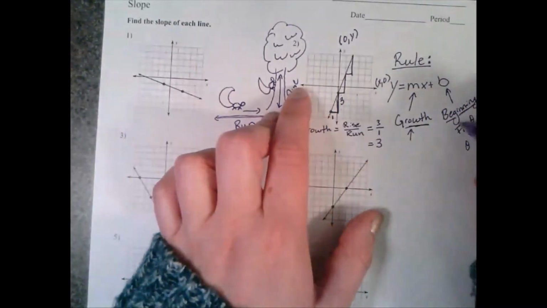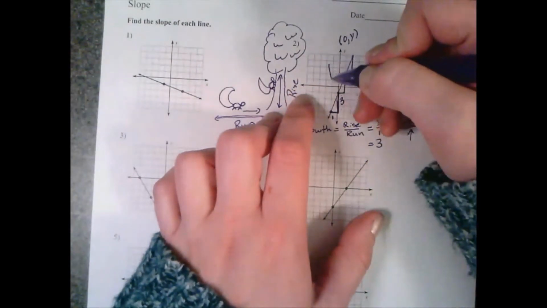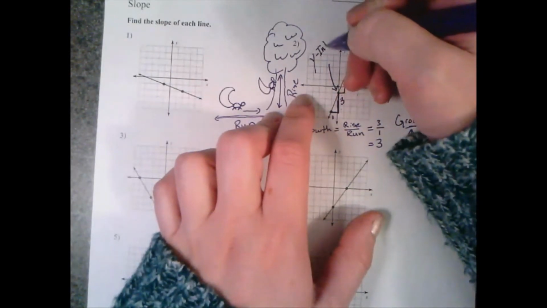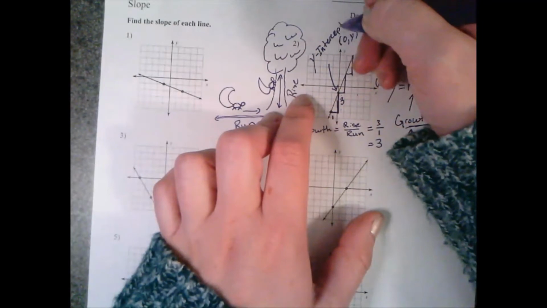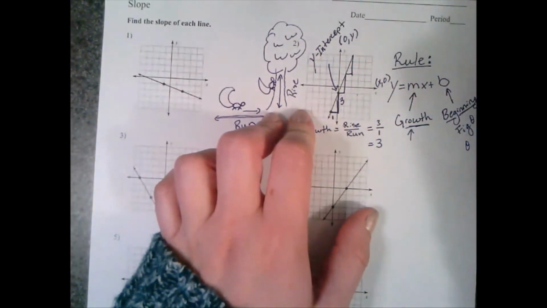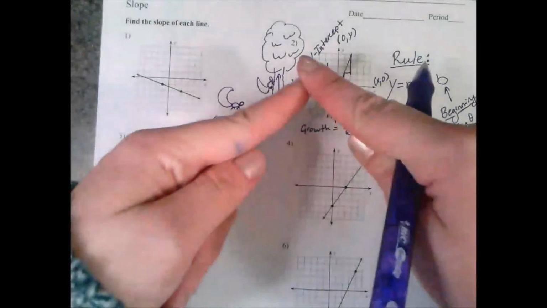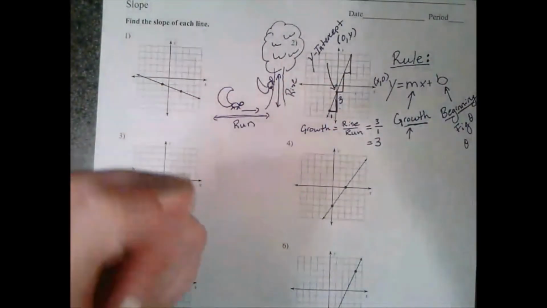Okay. To find the beginning, we need to find what's called a y-intercept. Who can tell me, what does intercept mean? Now, if you're in football, you may have just said intercept means that, you know, you're running, intercept the ball. You got the ball, right?